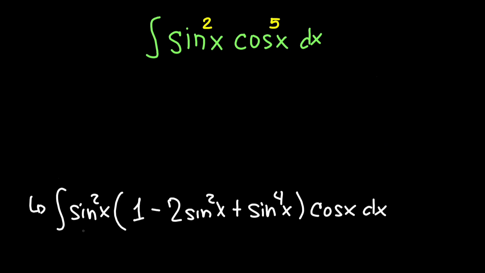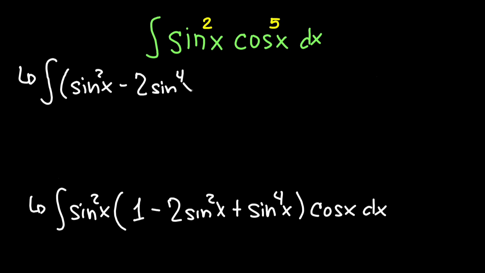Next step would be to distribute sine squared of x among the parentheses. So this would be the integral of sine squared of x minus 2 sine squared of x multiplied by sine squared of x, which would be sine to the power 4 of x, plus sine to the power 4 multiplied by sine squared, which would be sine to the power of 6 of x.